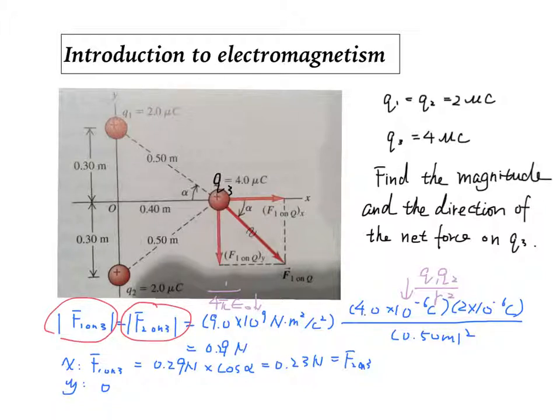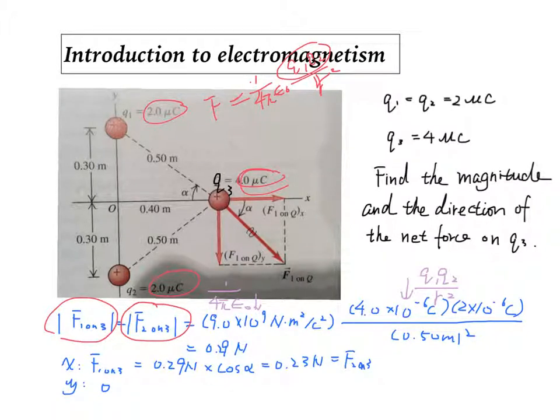The reason is that in the equation of electric force, 1 over 4 pi epsilon 0 times Q1 Q2 over r squared, the products of charges Q1 times Q3 and Q2 times Q3 are the same, and the distances between Q1 and Q3 and between Q2 and Q3 are the same, so the magnitudes of force are the same.